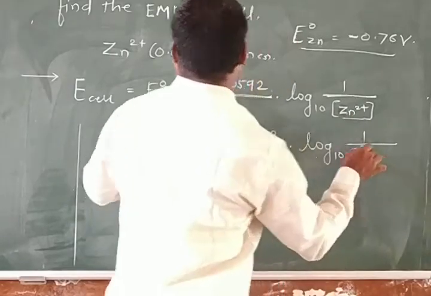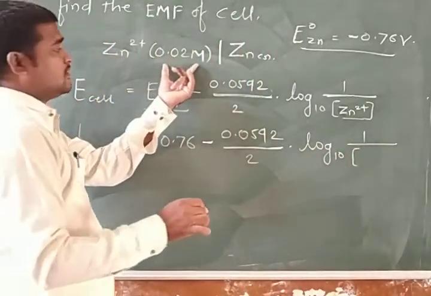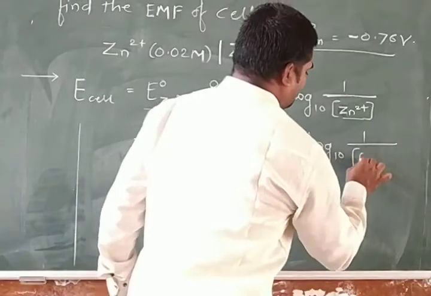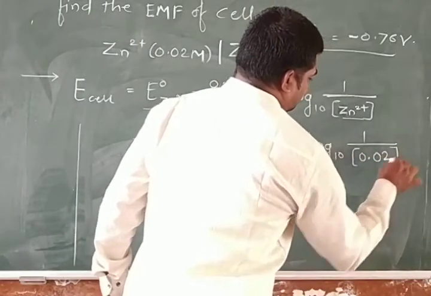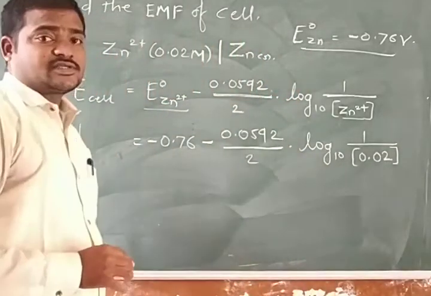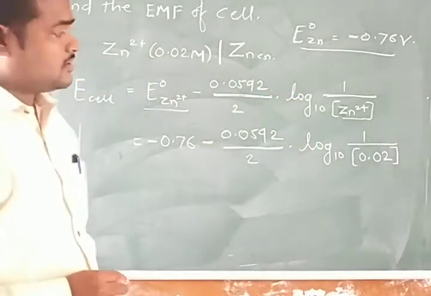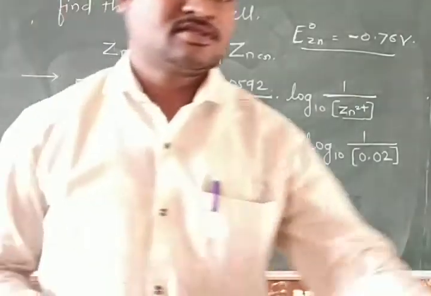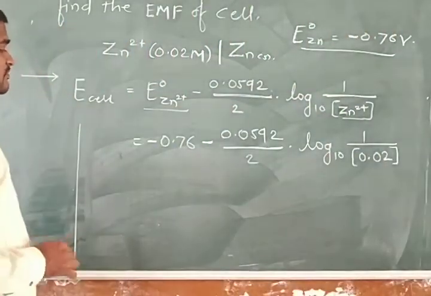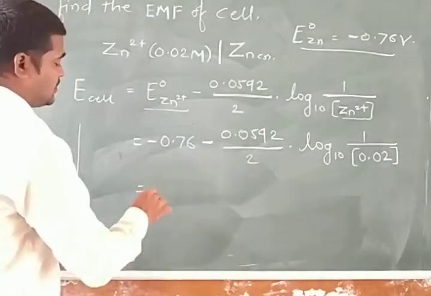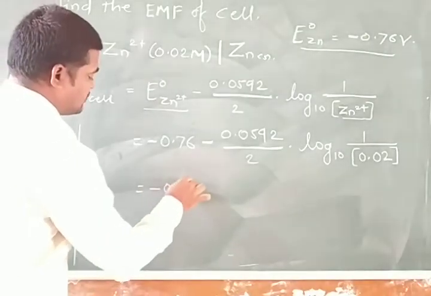Its concentration is given in our problem, so I will keep the value of Zn2+ ions as 0.02. That concentration term I have kept in this equation, and after that just go on simplifying all these values, and you will get the corresponding answer: minus 0.76.